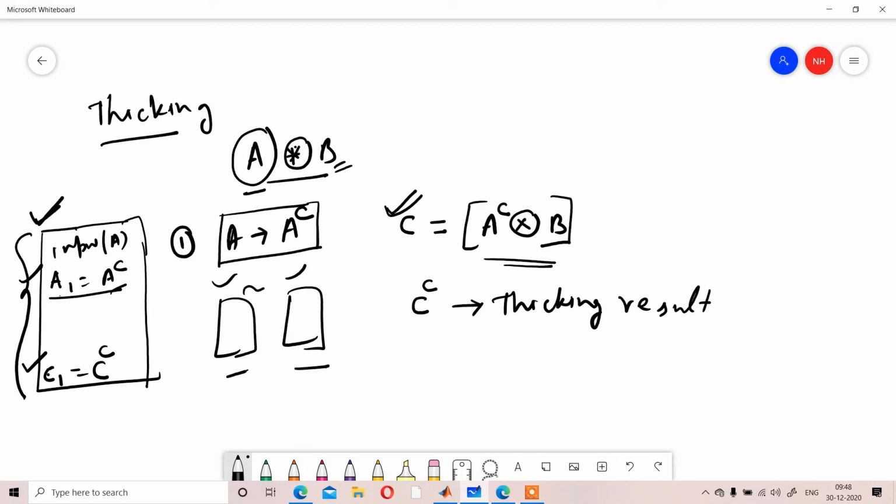So obviously that will take more time. So that is thinning and thickening.